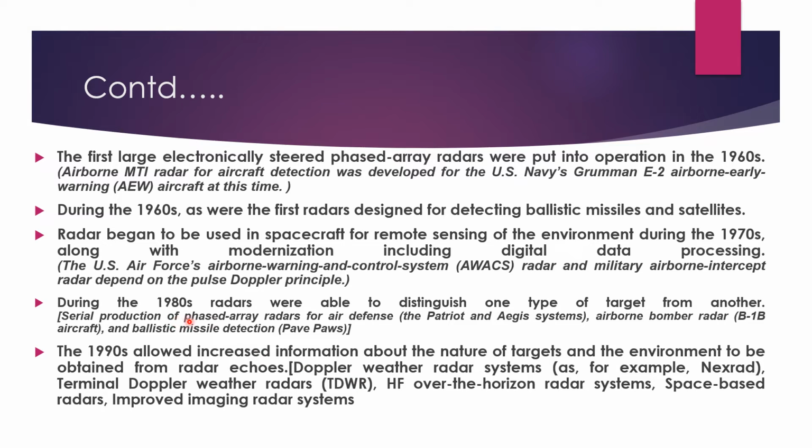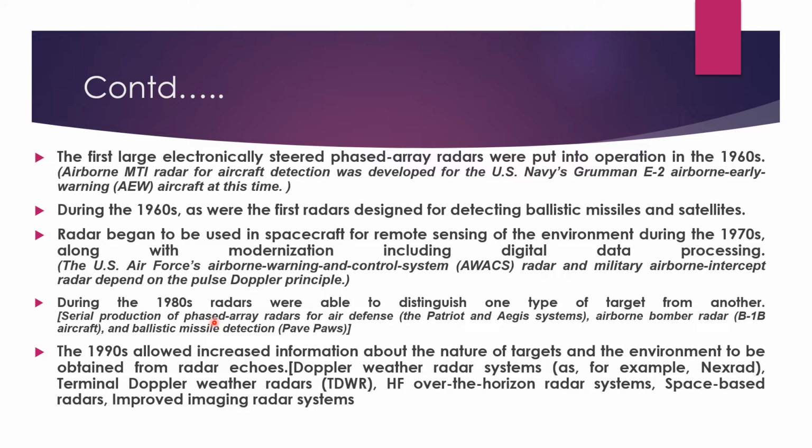Here I have mentioned certain radars which were developed in the 1980s. In the 1980s, the radars developed were able to distinguish one type of target from another. Sometimes there are multiple targets present in the target area, and a single radar will get confused about the actual range and distance of a single target.